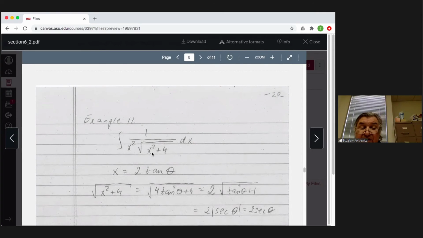But you see that now we have x squared plus a squared. So we will use the second substitution, which was 2 tangent.